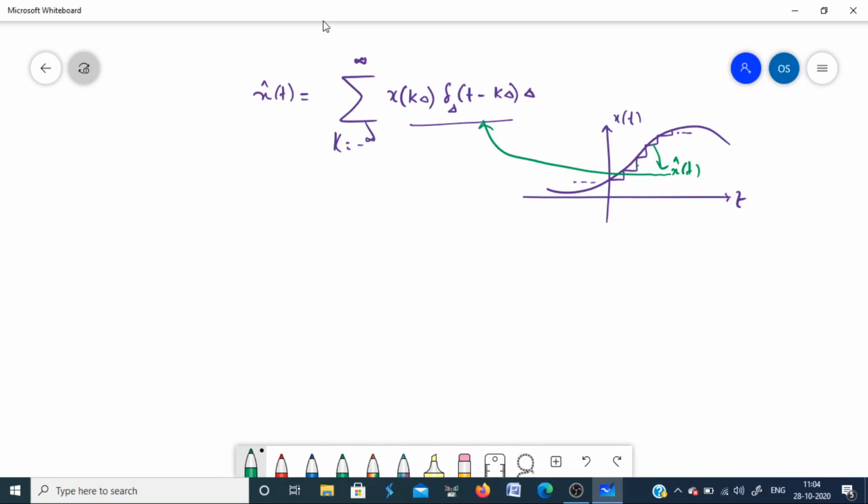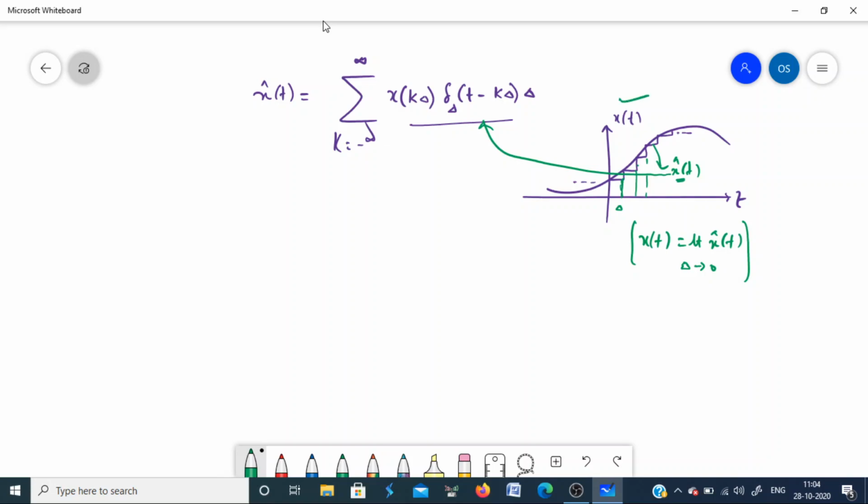In this function, you will see that x cap t converges to xt in the limiting case as del approaches 0. So if this pulse width, if this is del, 2 del, 3 del, becomes very small or negligible, your x cap t will converge to xt.